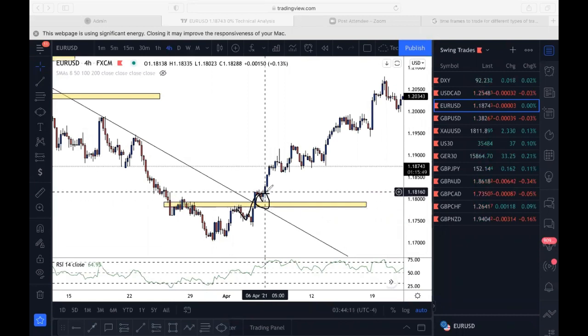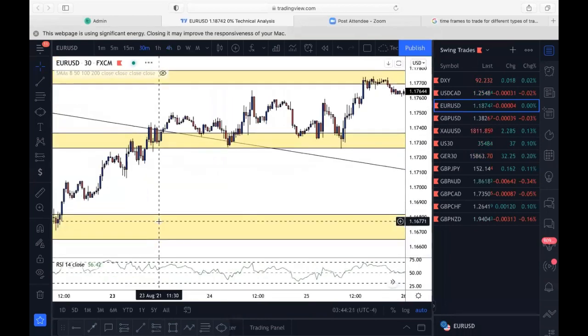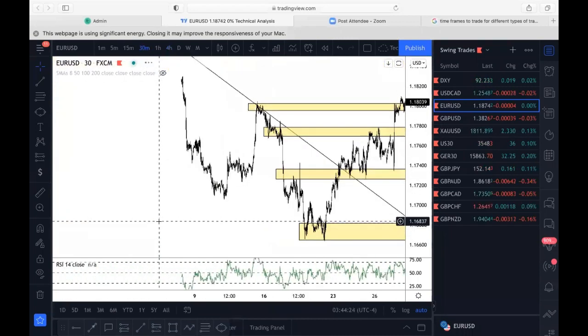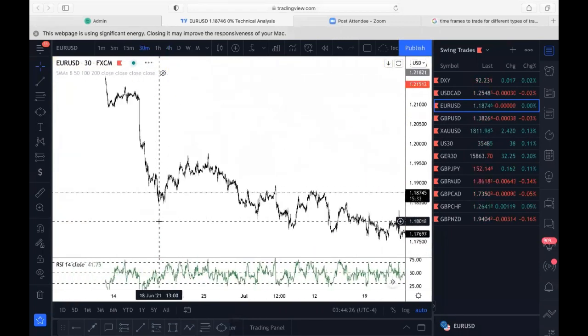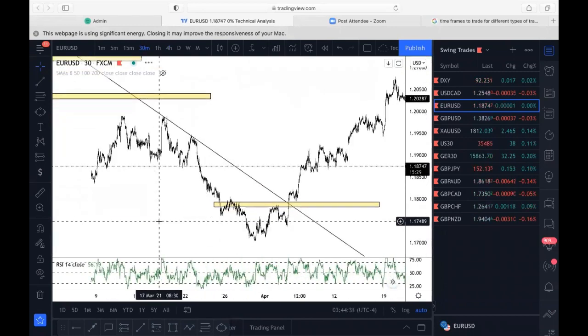We drop down to a lower time frame. See how everything is systematic? It's like the steps, and the steps never change. If you don't see your entry confirmation, you don't get in.